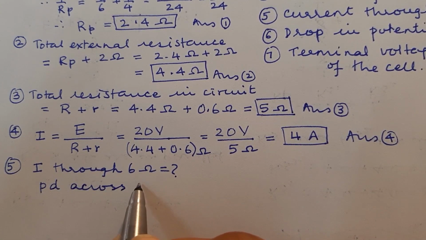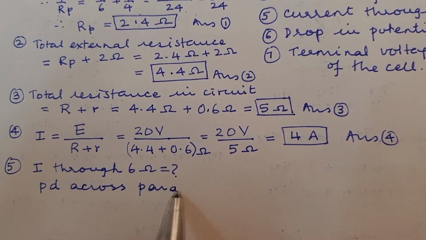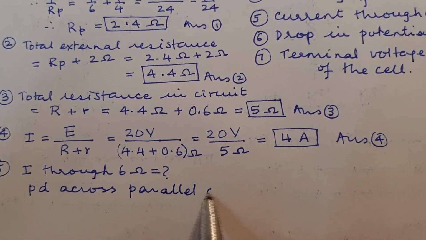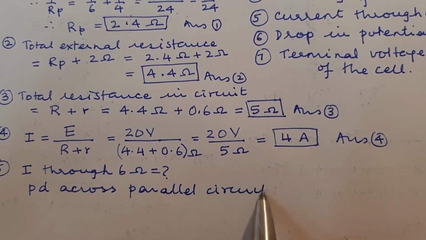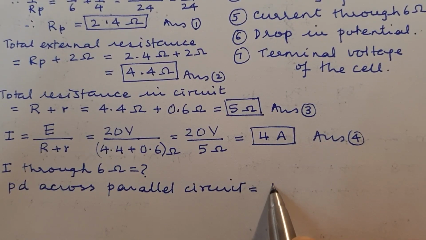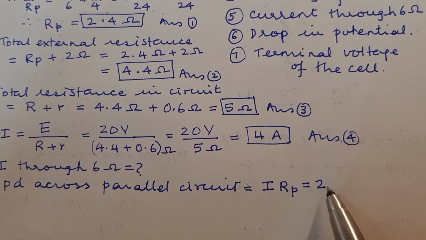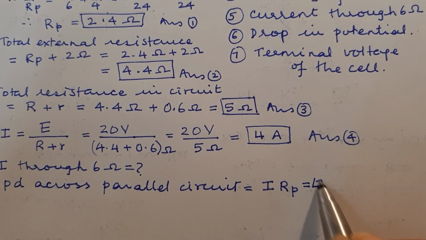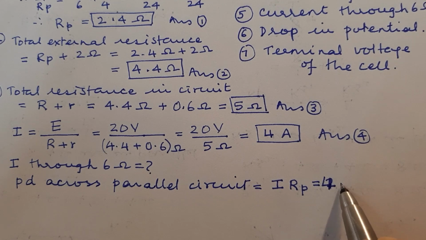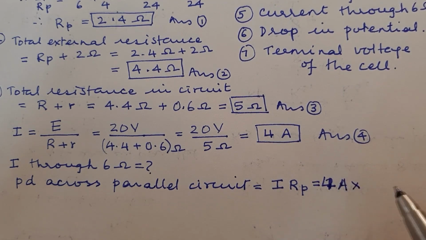across the parallel circuit will be equal to the current into the resistance of the parallel. So that will be equal to 4 ampere multiplied by Rp, which is 2.4 ohm.